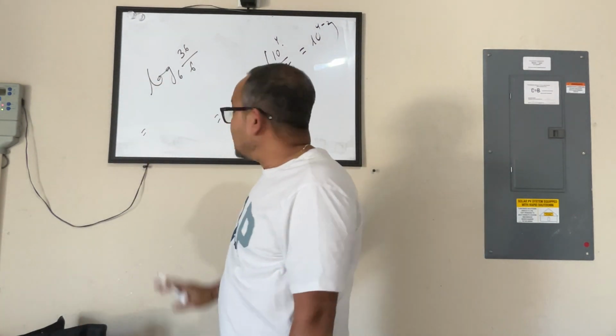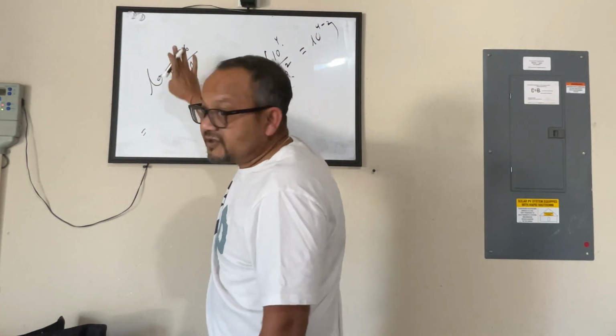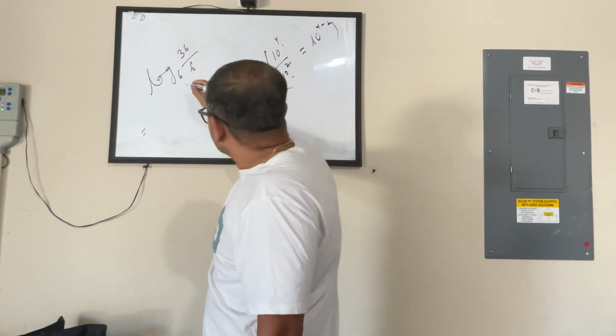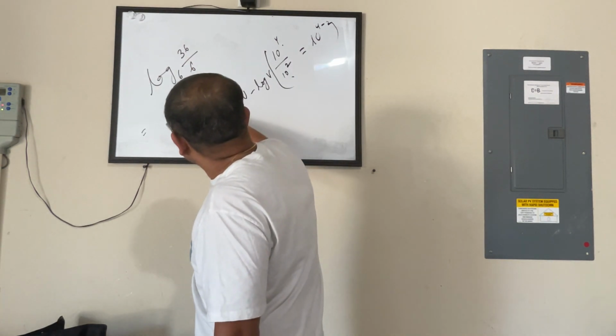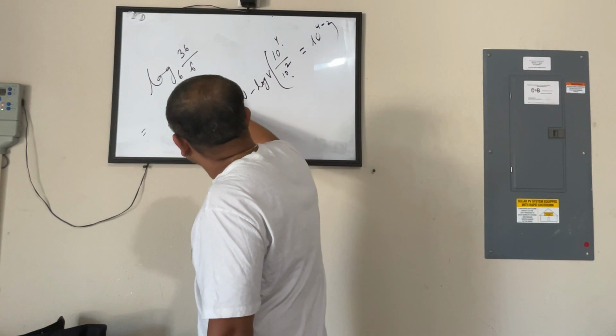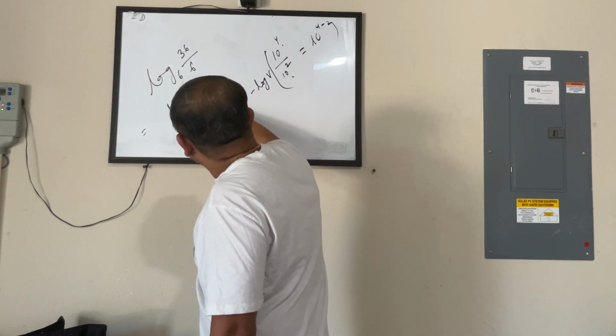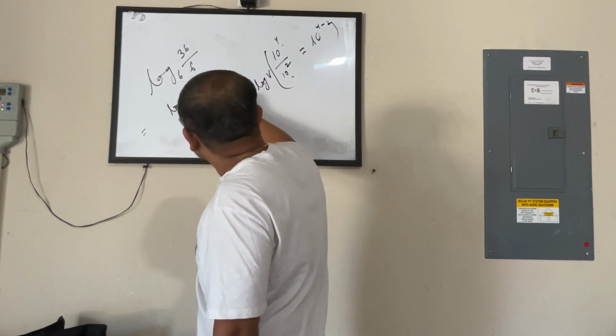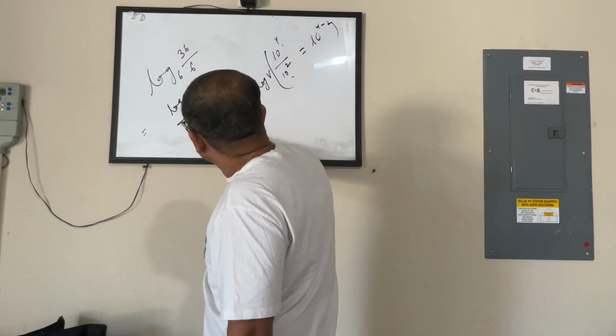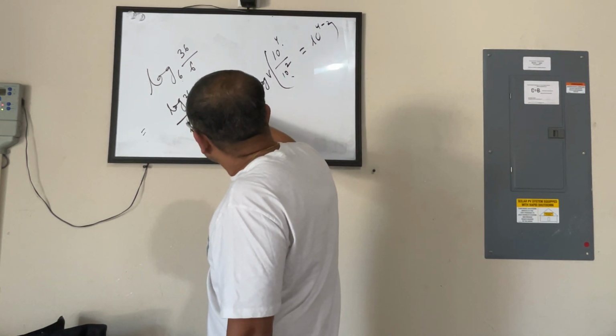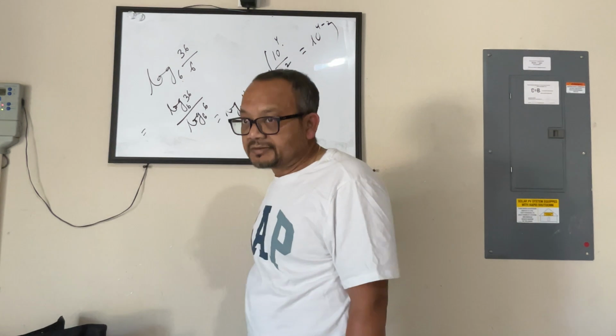Okay? I will not do this division here. What I will do is log of 6 by 36. So I can say this is as good as log of 36 by 6 divided by log of this.